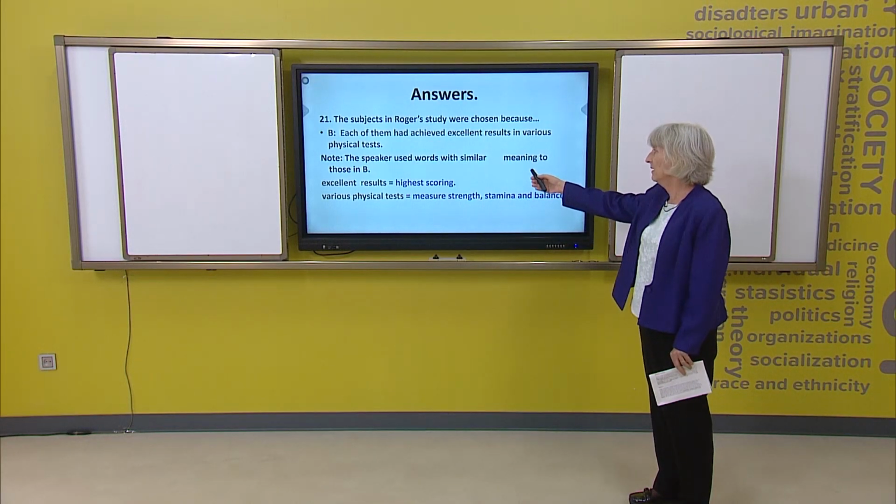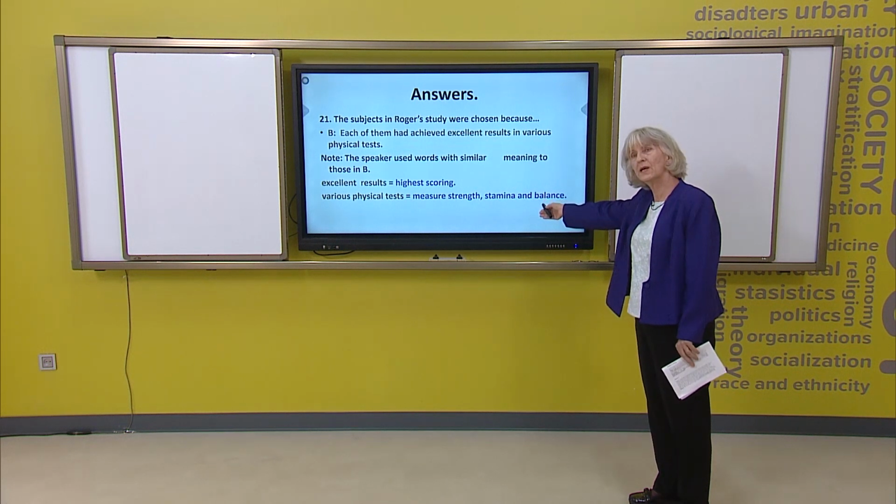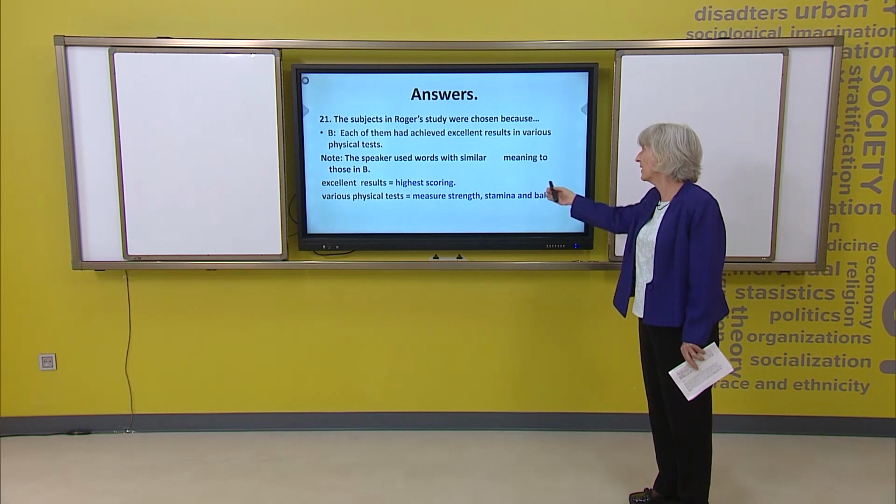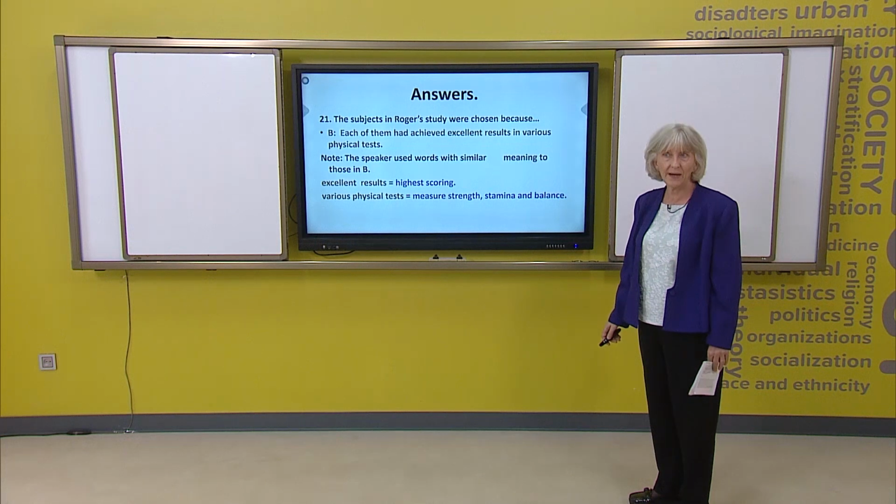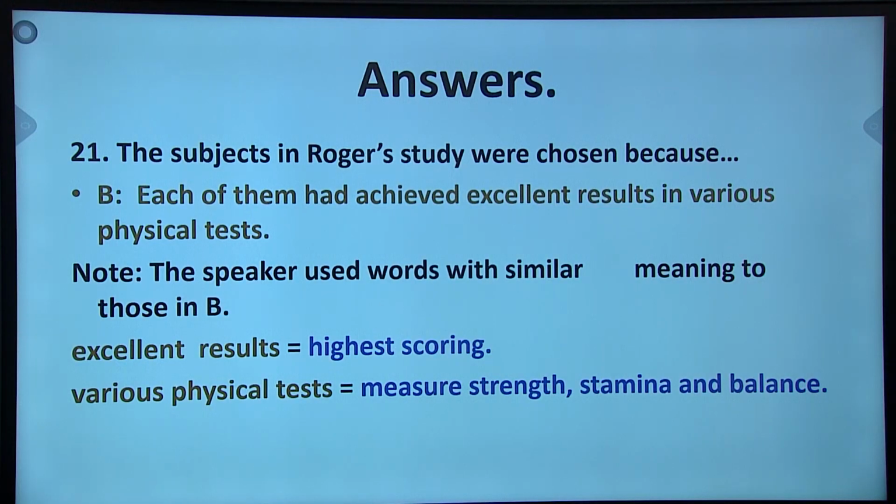And then in the recording, the words they used were measure, strength, stamina, and balance. And in the question, the words used were various physical tests. So you can see why it's more challenging, because you don't hear the exact words, but you have to know that they're very similar in meaning.